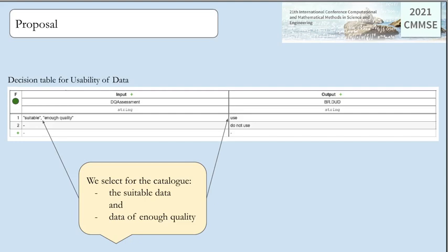In our case, we have defined as usable data those that have a data quality assessment result of suitable or enough quality, returning a result value of use. The rest, which do not exceed the preset minimum, are labeled as don't use.